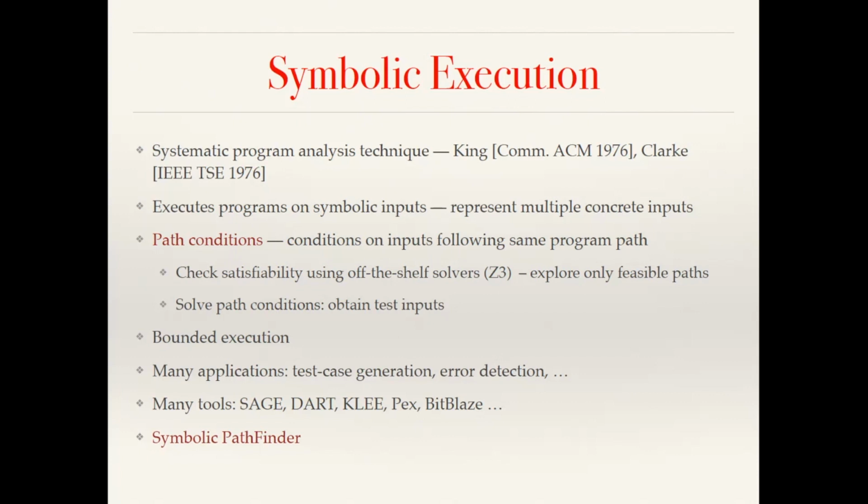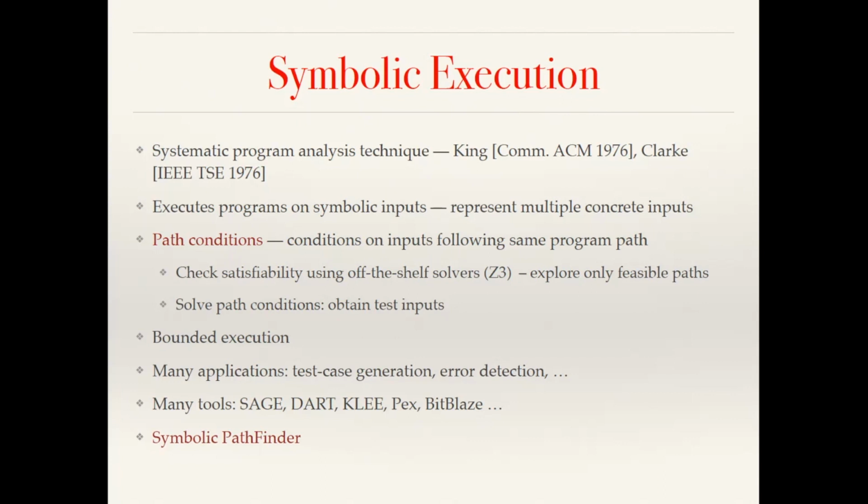The analysis maintains a so-called path condition that encodes conditions on inputs that follow the same program paths. These path conditions are collected from the different conditions in the code and are checked for satisfiability using off-the-shelf solvers.